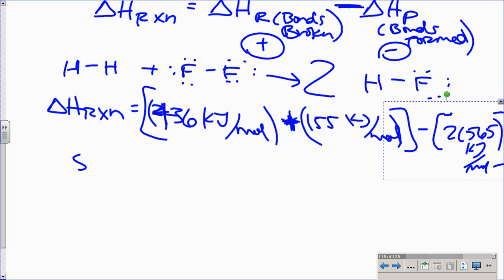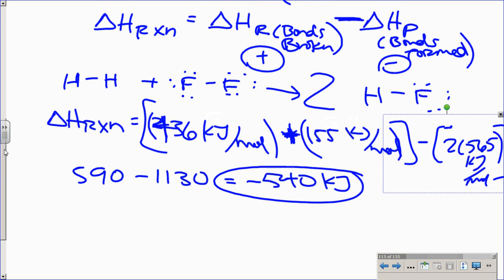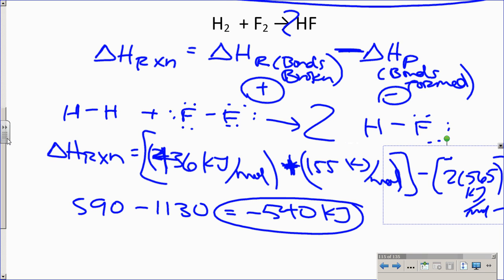Okay, so that's 590 minus 1130, which is equal to negative 540 kilojoules per mole for the formation of 2 HF molecules.